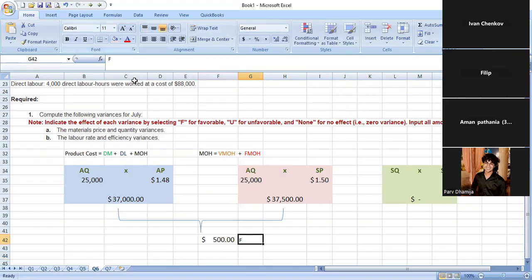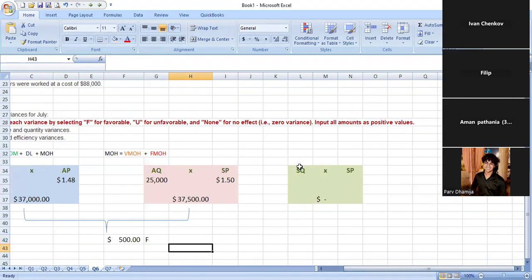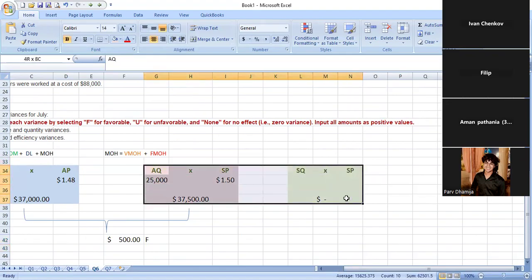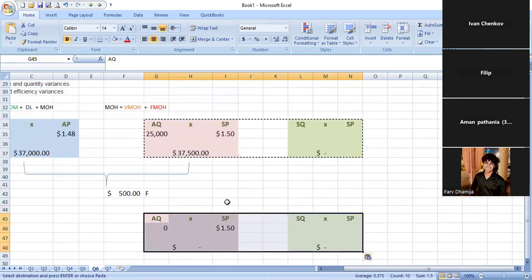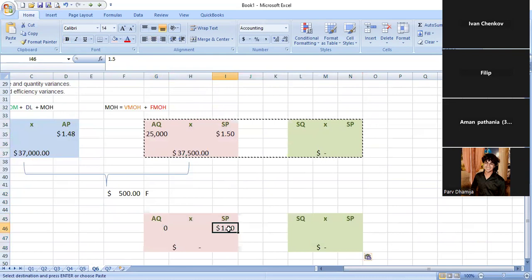Okay, so can I use the same 25,000 for my production? No. In order to get my production, I have to copy those two and move it down here somewhere and start working again. But now I'm going to ask different questions. My standard price is going to stay the same, correct?